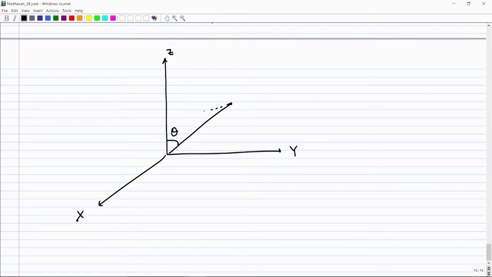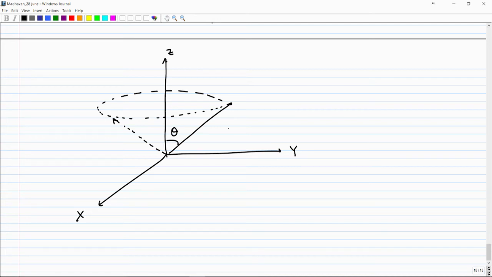So there is this cone that goes like this, and anywhere on this cone the angle with the z axis will be θ. Even if you are here along this line, the angle will be θ. So here also it will be θ.